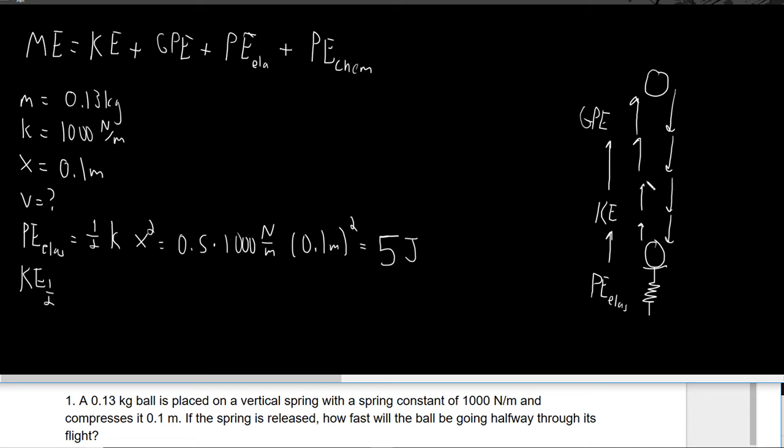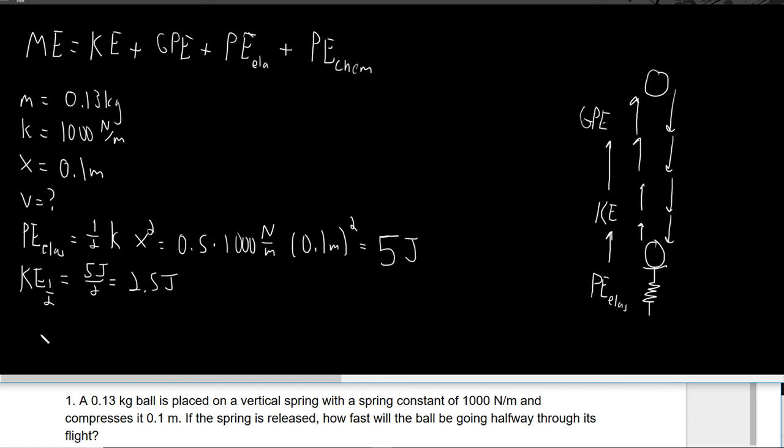Halfway through the flight, half of our kinetic energy should have become gravitational potential energy. So half of this 5 has become GPE. So really we just have 5 joules divided by 2 is equal to 2.5 joules. One way to think this through is halfway through the flight, half of it's been transformed, we're left with 2.5 joules.